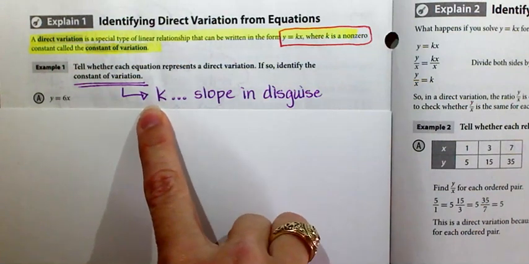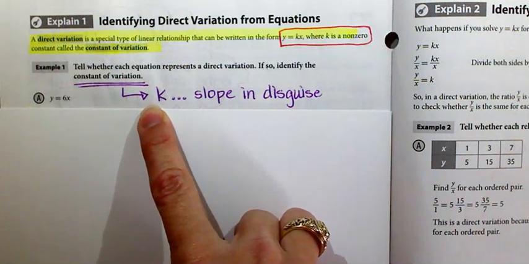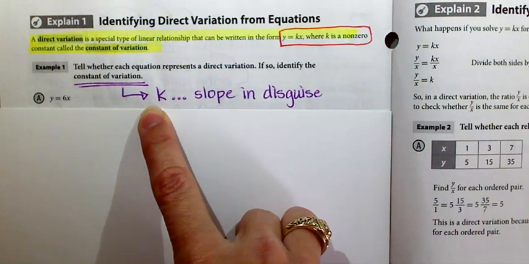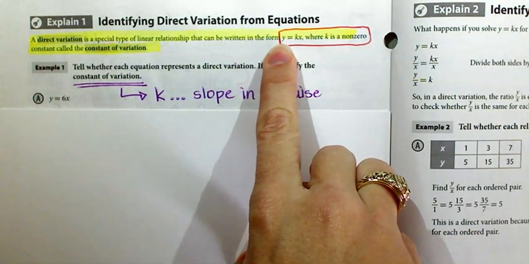But here's what I want you to know. For whatever reason, they're calling it K, but you have been familiar with it as M, because M and K, really, they're both the same thing. It's slope. So they're using K for a direct variation. You know, why, I couldn't tell you. But just understand that that's really your slope. So could I have said y equals mx?